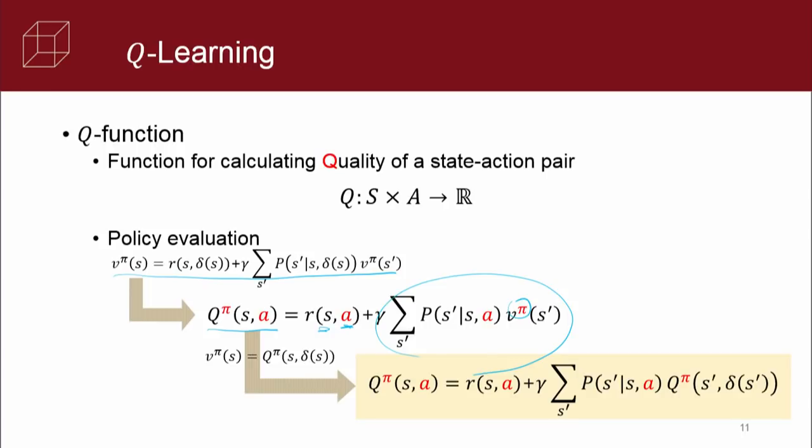Furthermore, V pi(s) is indeed equal to Q pi(s, pi(s)), because if you select a as pi(s), V pi(s) is equal to Q pi(s, pi(s)). We use this relationship again: you plug it in here, and this part becomes Q pi(s', pi(s')).